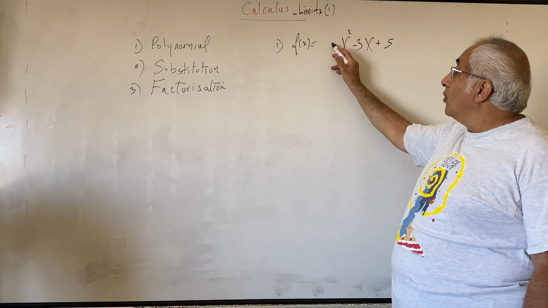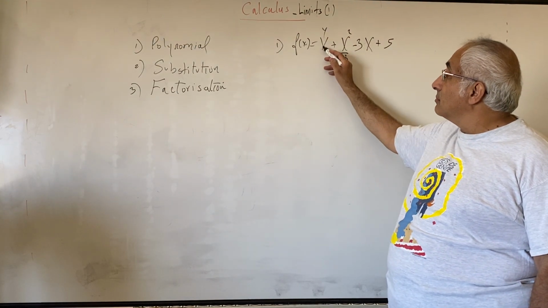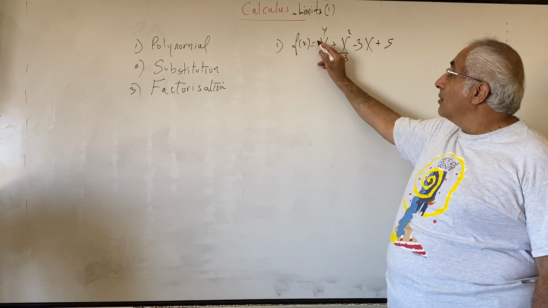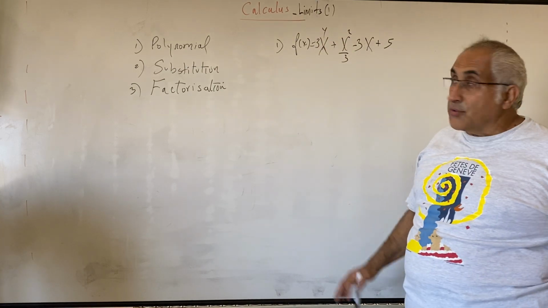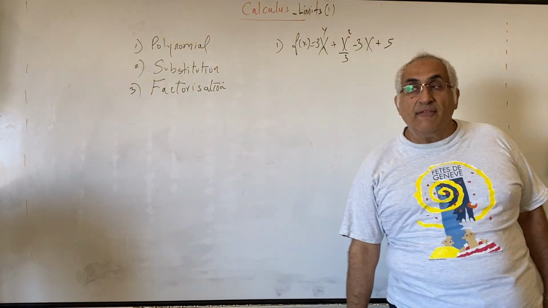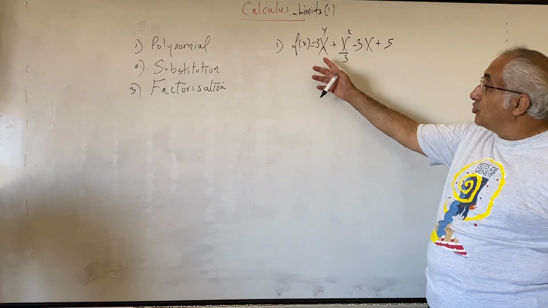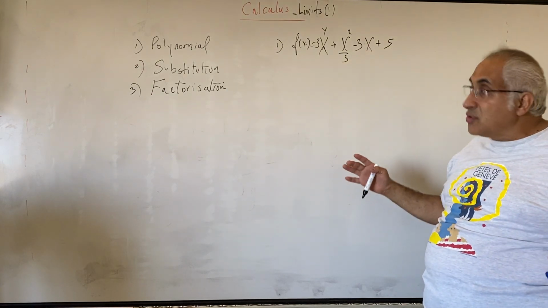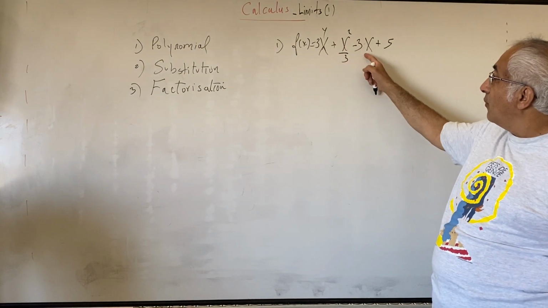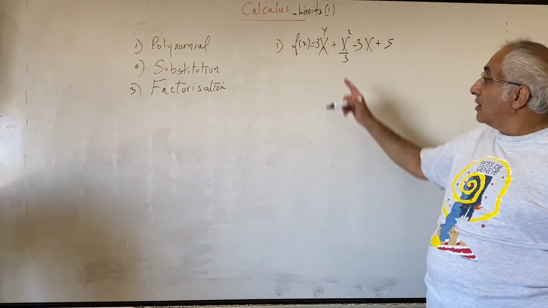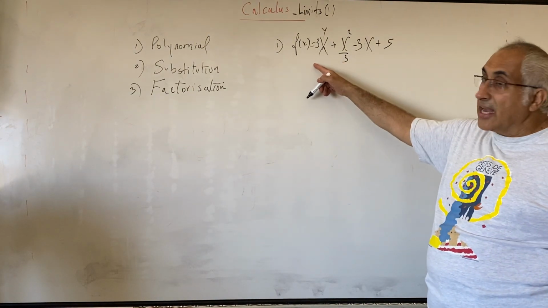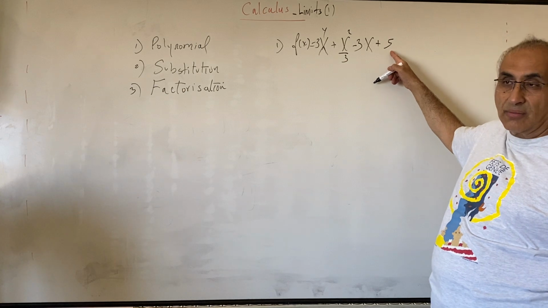You could go all the way up to x power 4 if you wish, whatever the coefficient. So that's called a polynomial of degree 4. It should have at most 1, 2, 3, 4, 5 terms. These are called x terms. This is called the constant term.